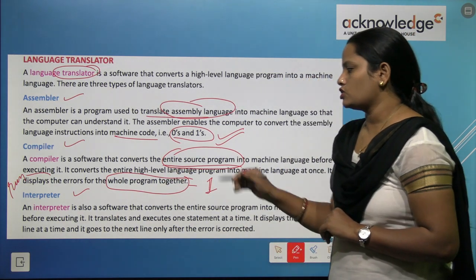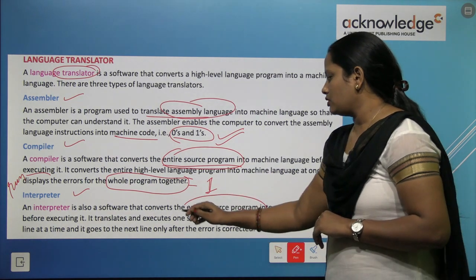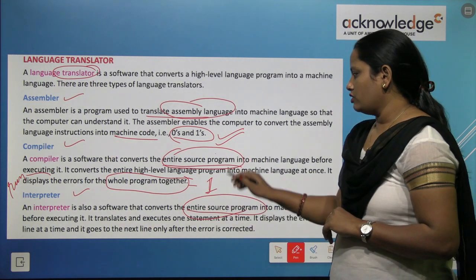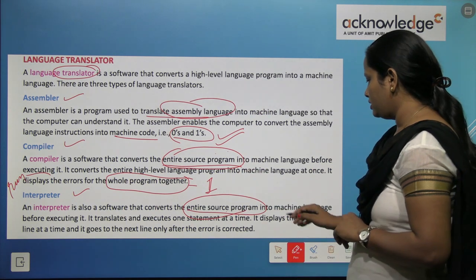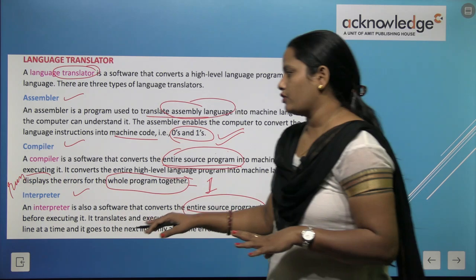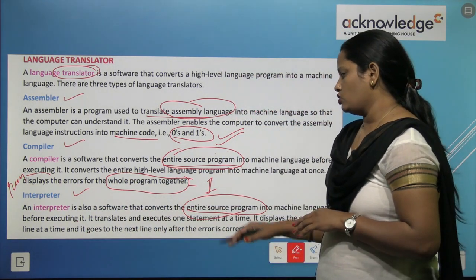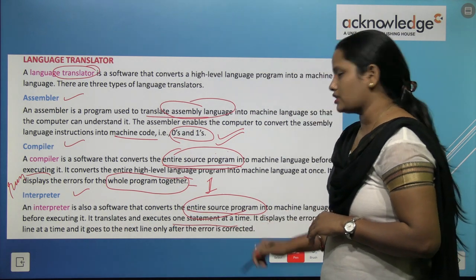Next is the interpreter. The interpreter is also software that converts the source program, and it does the same work as the compiler. It translates and executes one statement at a time.